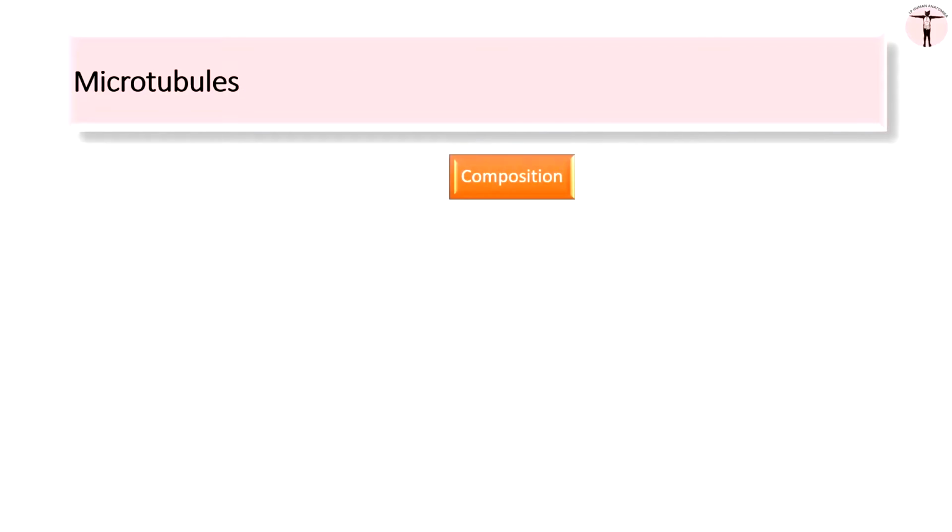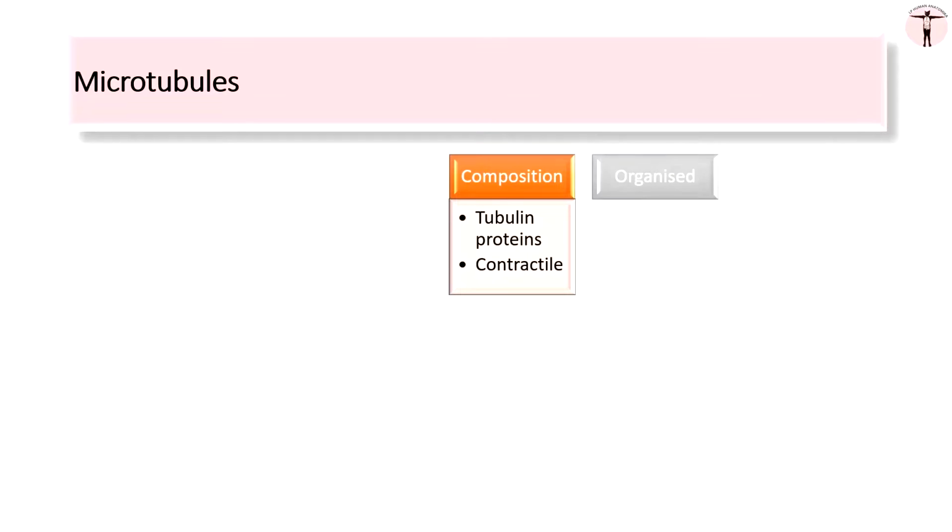Microtubules are filamentous structures made of soluble tubulin proteins which are contractile in nature. All cells possess microtubules which may be organized or dispersed. Cilia, flagella and centrioles are composed of microtubules which are organized.